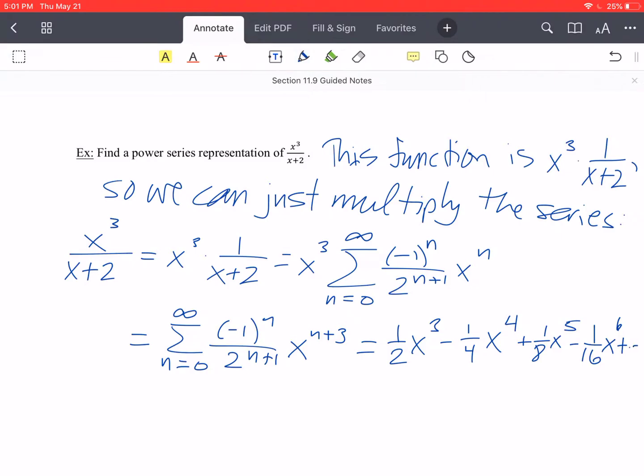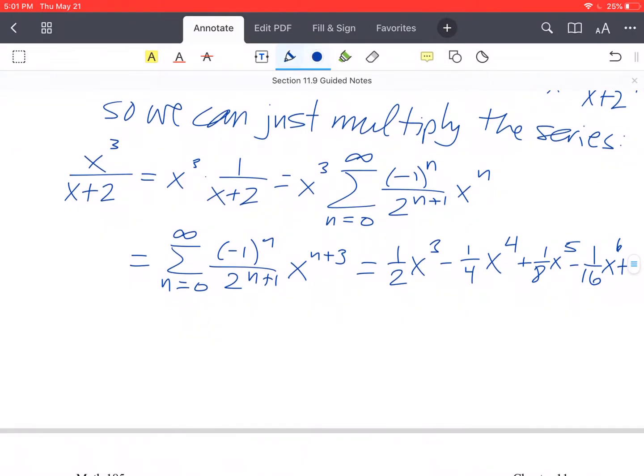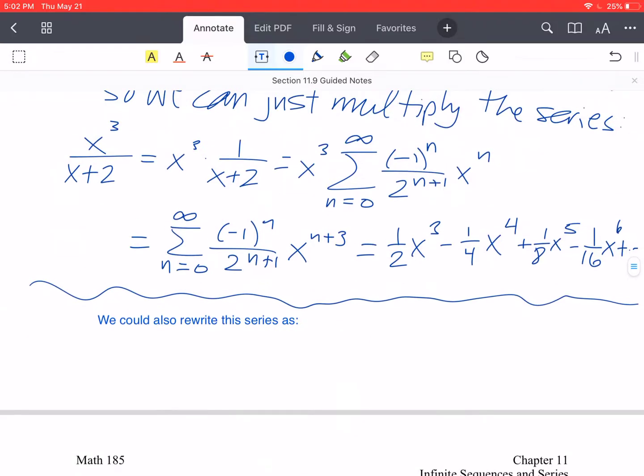So we could also rewrite this series in a different way. So that's our series there, but we could also rewrite this series as the following, because sometimes we like to make our work look a little more consistent in terms of our powers on x.